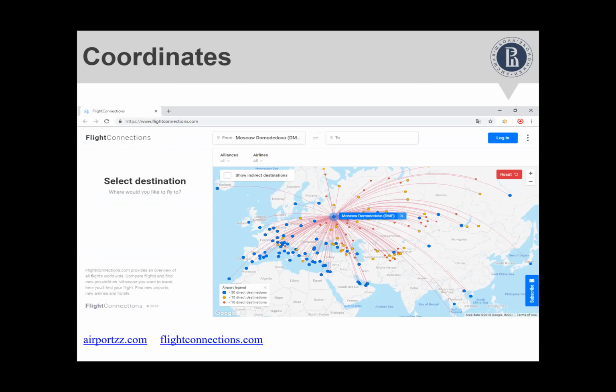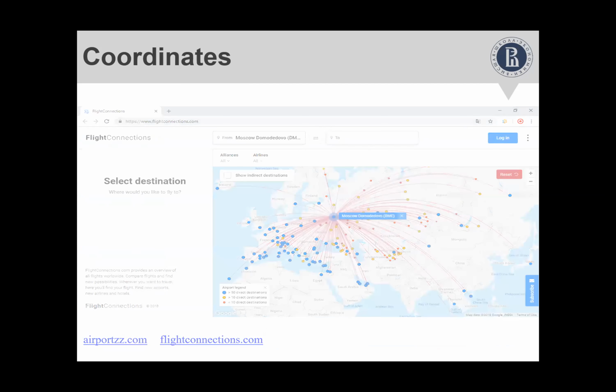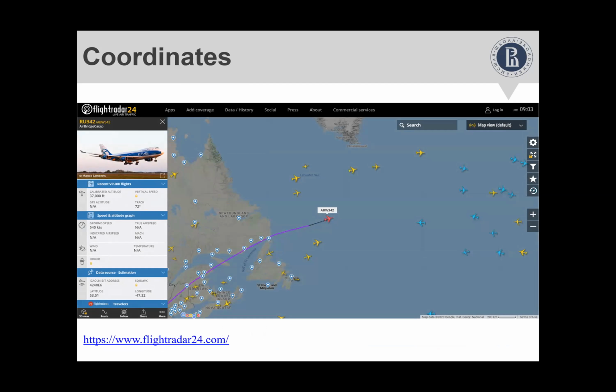The source illustrates to us where airplanes are going from Domodedovo, and which other airports these flights are visiting. As you can see here, it's Flightradar24.